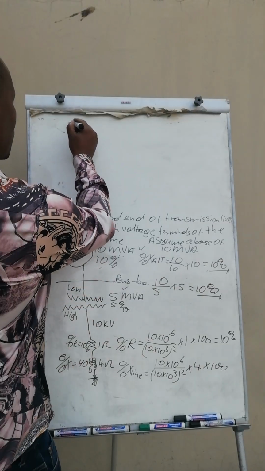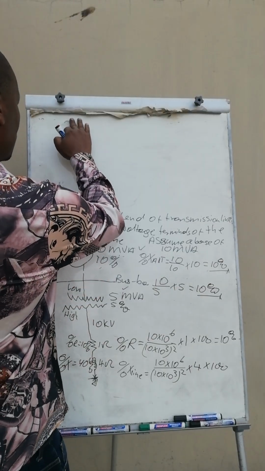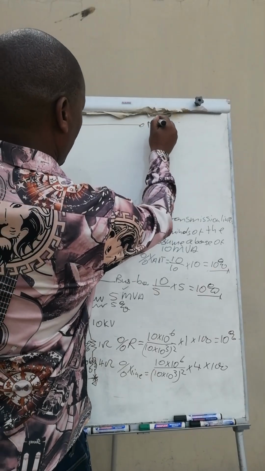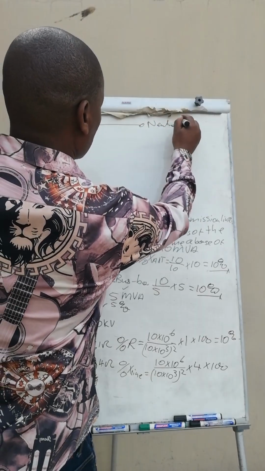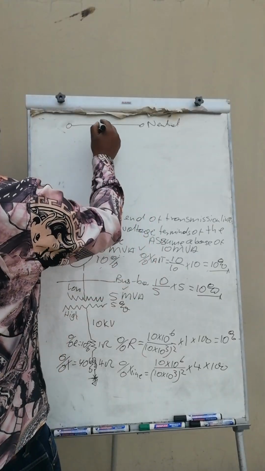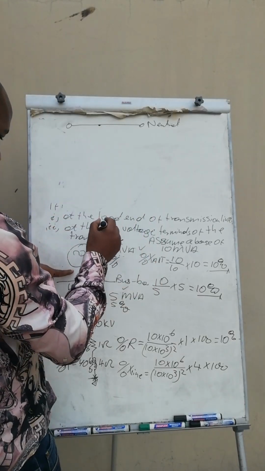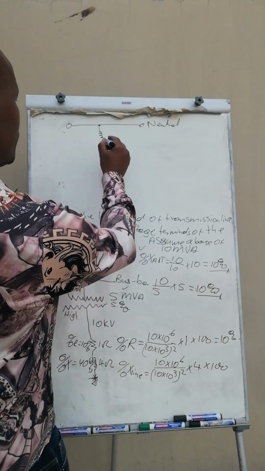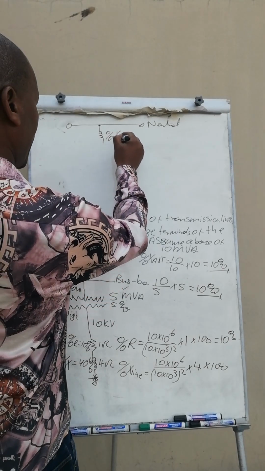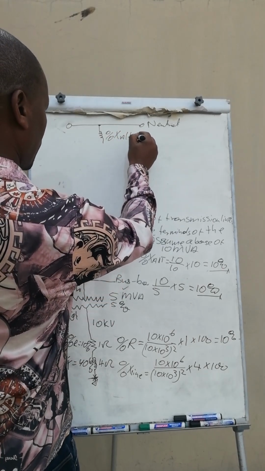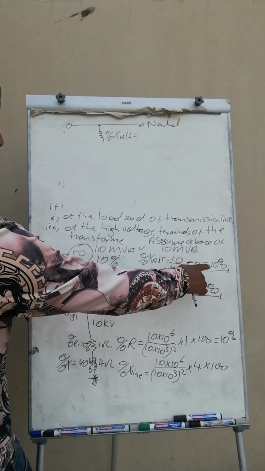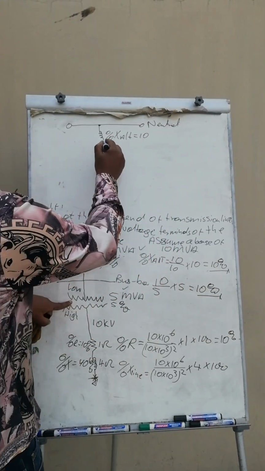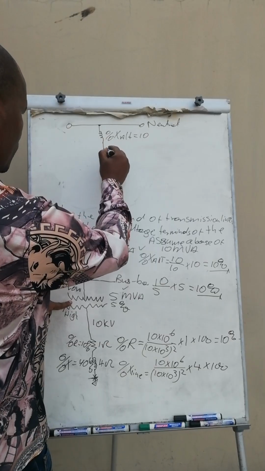This one, let's say for argument's sake, it is our neutral point. And then from here, this one is the percentage X of the alternator. And it is equal to 10. Right, you are done. You come here. The transformer.